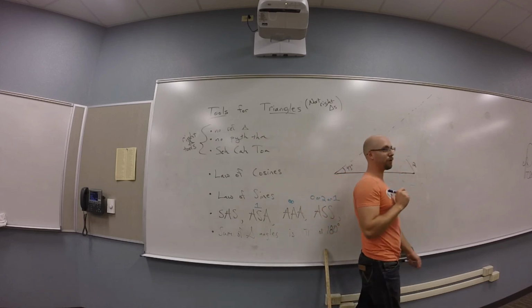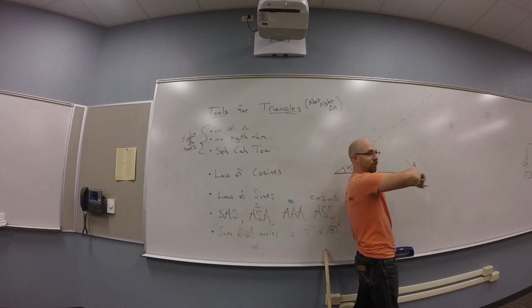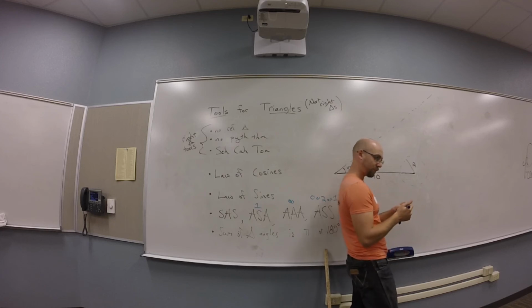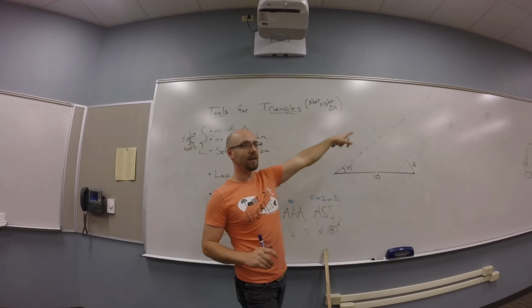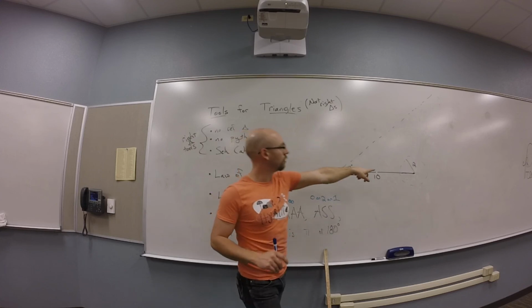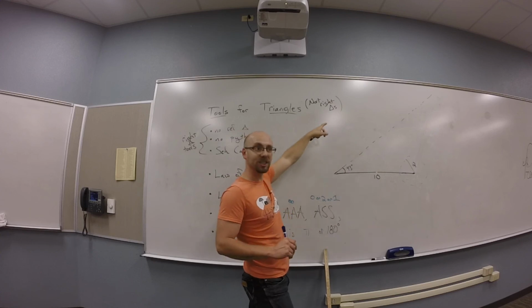What I want you to think about with that kind of second side is that you could make a circle around it, right? And sometimes that's going to hit this known angle no times, or maybe one time when it's perfectly tangent, or twice.